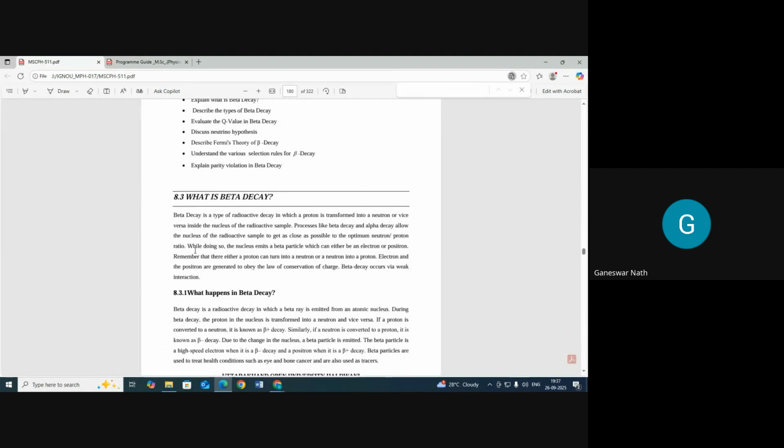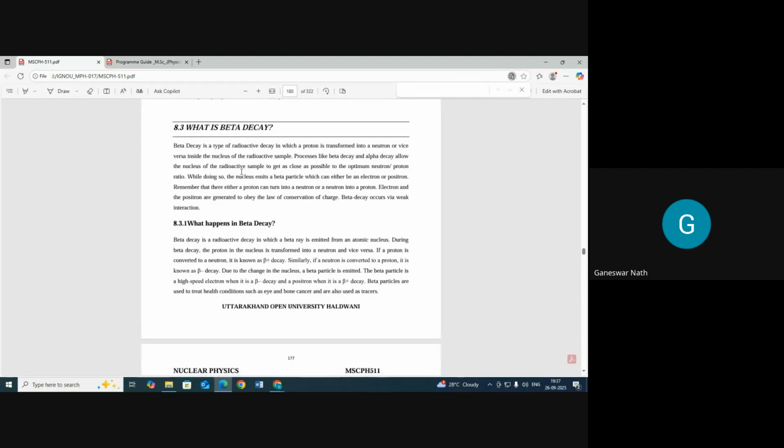What is beta decay? Listen, beta decay is a type of radioactive decay in which a proton is transformed into a neutron or vice versa inside the nucleus of a radioactive sample.